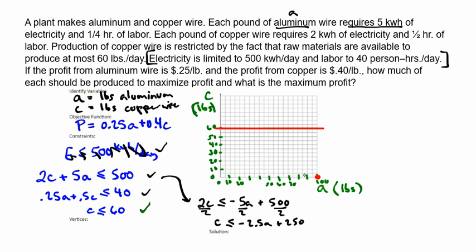And if I did 50 pounds of aluminum, that would be 125 for copper. So when aluminum is 50, copper is way up there. I don't want that yet. I want to know what happens when copper is 60. I'm just trying to find my vertices.